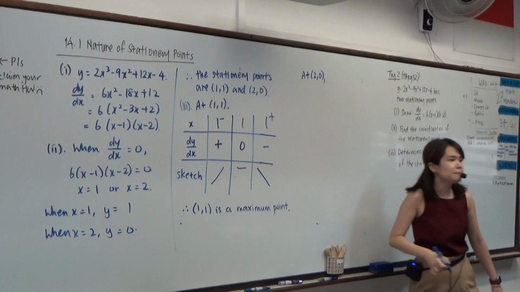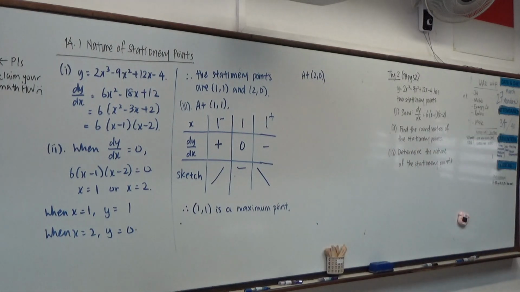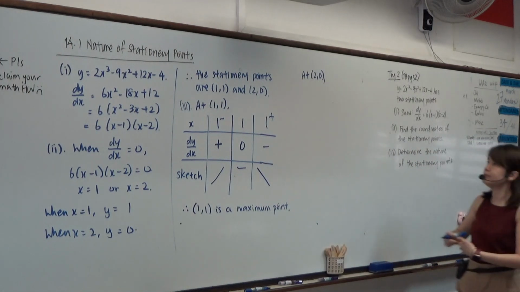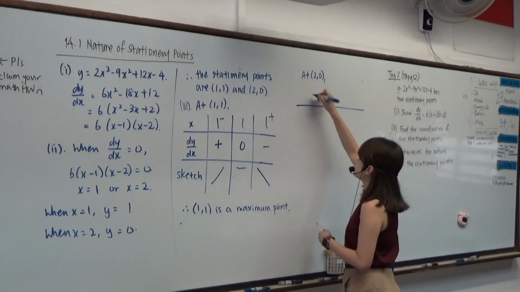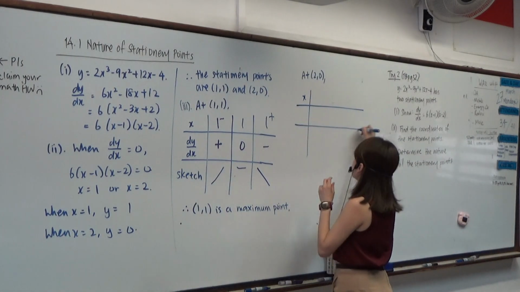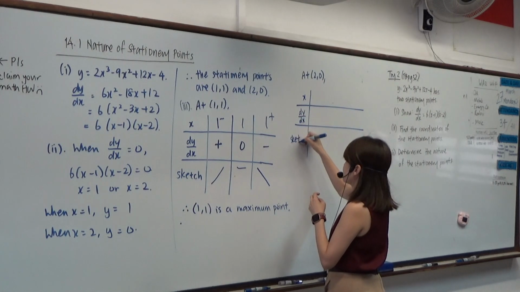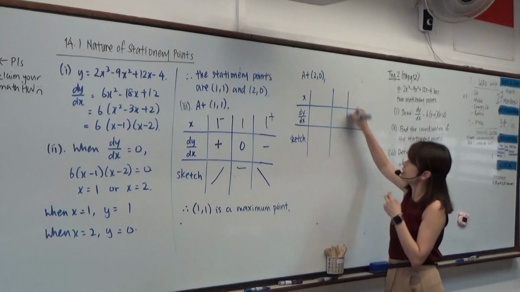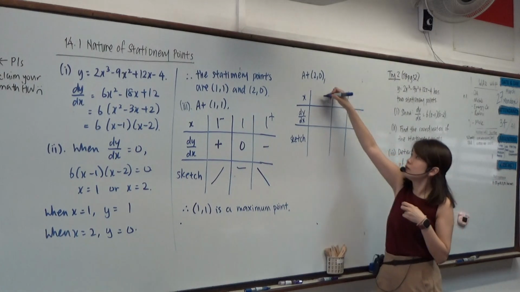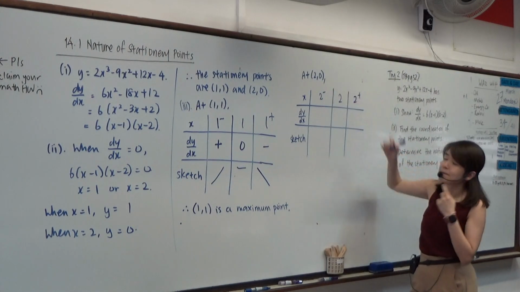And then for the other point 2, 0, do the same thing again. Just that in our columns, we're looking at 2, 2 minus and 2 plus.